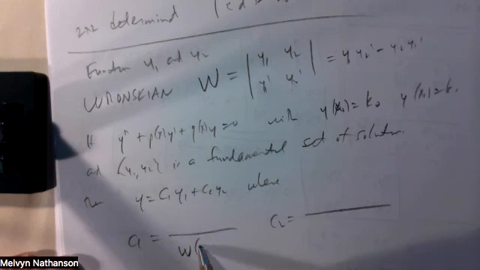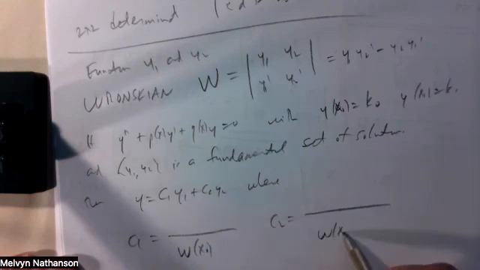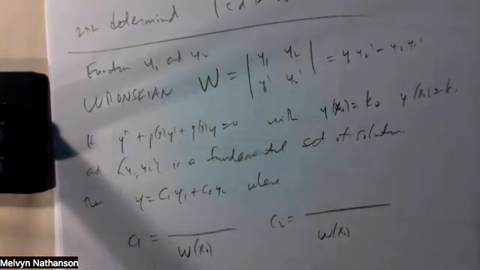The denominators are the Wronskians at x0. That better be different from 0. I'll come back to that in a moment.